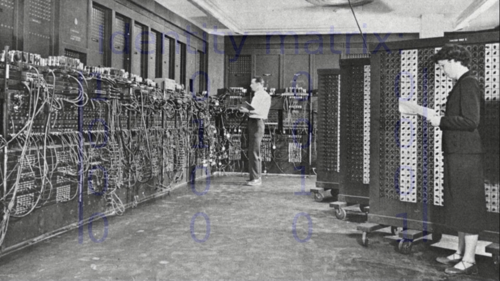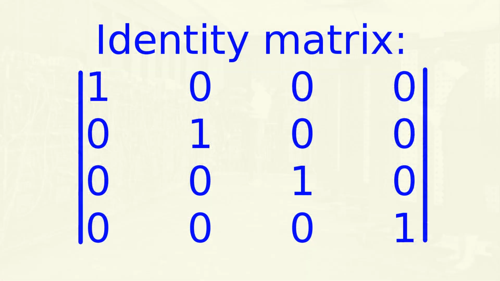Defining multiplication this way also allows us to make a very nice matrix equivalent for the number 1, called the identity matrix. The identity matrix has 1s in the diagonal and 0s everywhere else, so multiplying a matrix by the identity gives the matrix back.